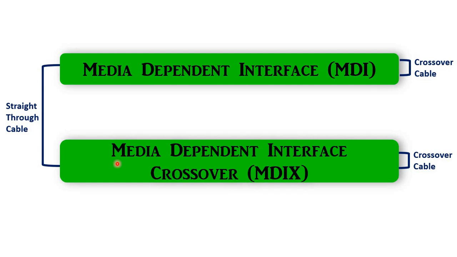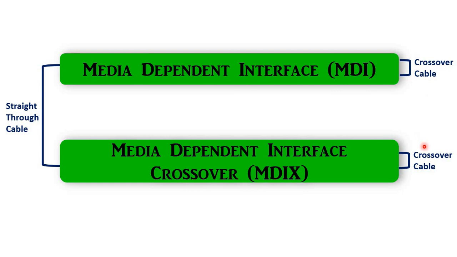MDI ports connect to MDIX ports via straight-through twisted pair cabling. Like devices means, MDI port connects to MDI port, and MDIX port connects to MDIX port. These both connections support crossover cable.